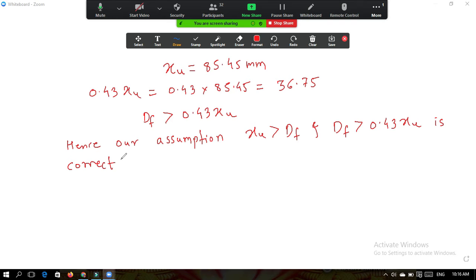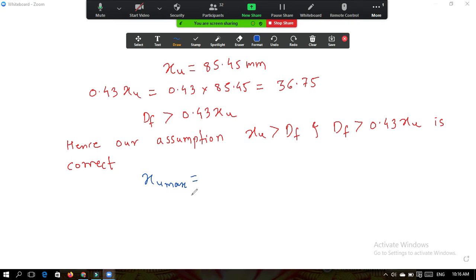Now calculate the value of xu max. How do we calculate the value of xu max? What is the grade of steel given to us? Fe 500.